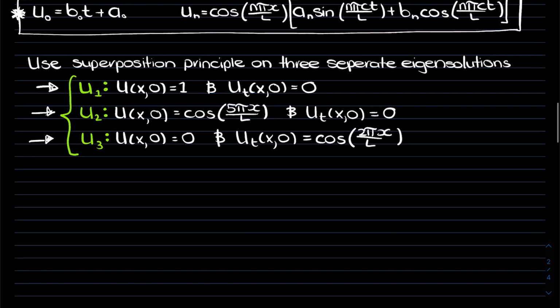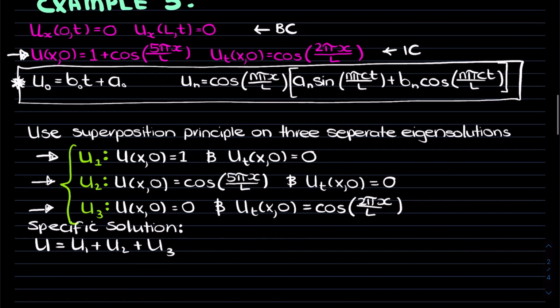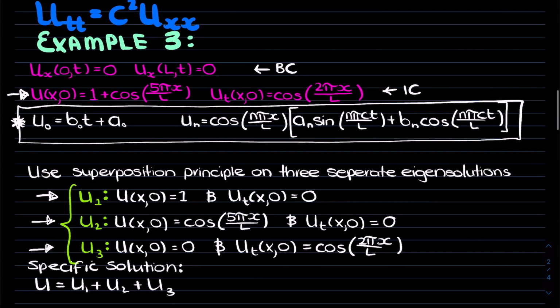And then all you do by invoking the superposition principle is write u1 plus u2 plus u3 equals our specific solution. So hopefully all of that makes sense to you after watching example 2.